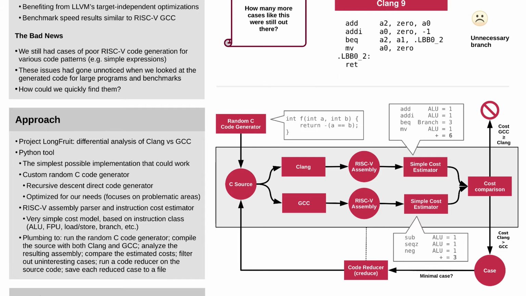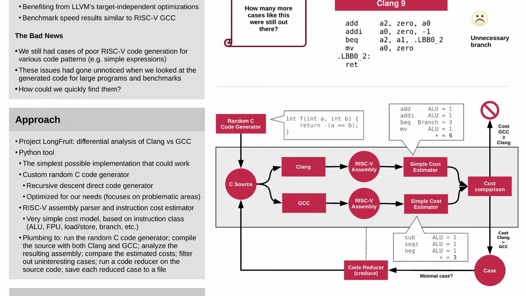For the code generator, I wrote a simple recursive descent generator which directly emits the code without building an AST. Initially, it just generated a function that returned a random expression. Later, I added some more constructs, like loops. The generator is quite simple, but we can easily customize it so that it's more likely to generate programs that find code gen issues in the backend.